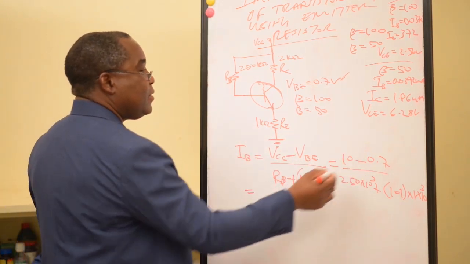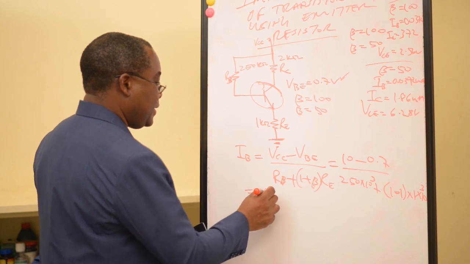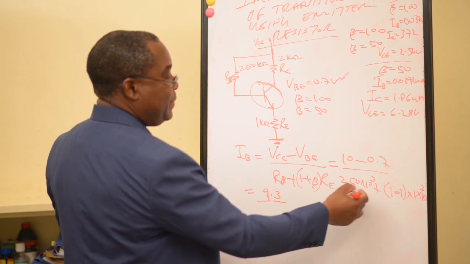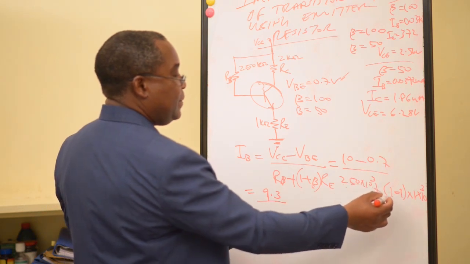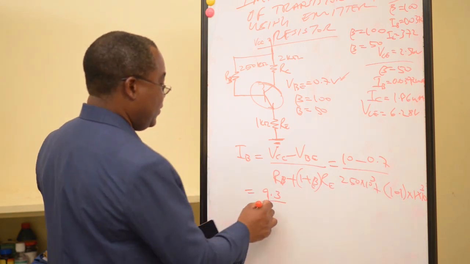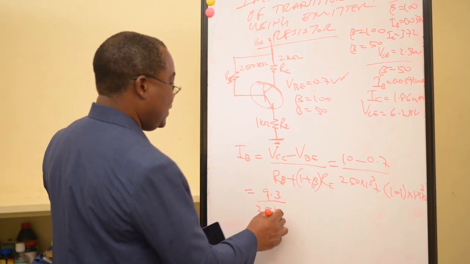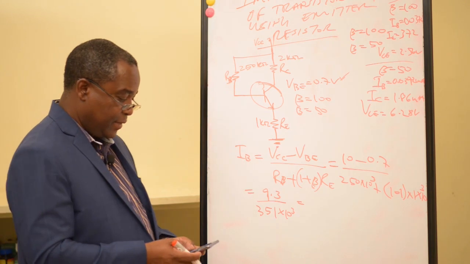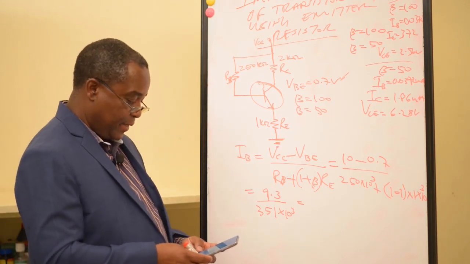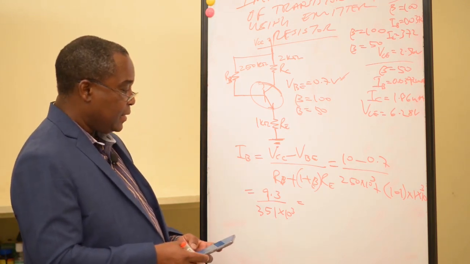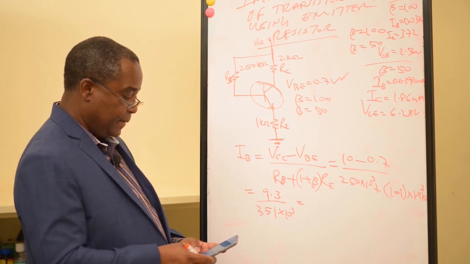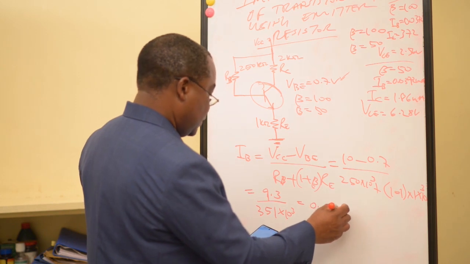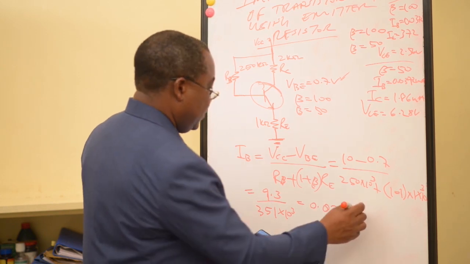So again, it's just using calculators. 10 minus 0.7 is 9.3 over 250 plus 101, we have 351 times 10 power 3. And when we take our calculator with this simple algebra, 9.3 divided by 351, we get 0.0264 milliampere.